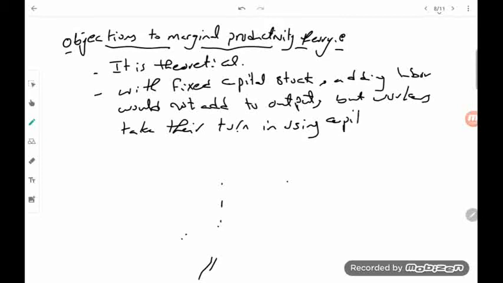So this means that capital is going to be used for a number of hours. So instead of hiring one worker to work for, say for example, 20 hours per day, we are going to add more workers, but the total number of hours the machine is going to be used is 20. It's not going to change. So this means that output is not going to increase anymore.